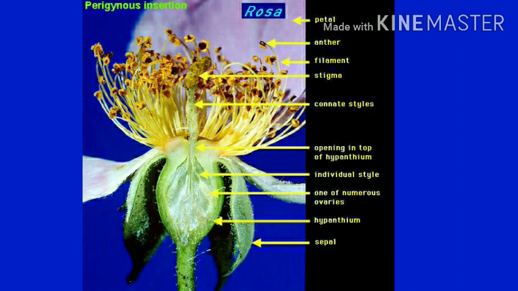So such flowers which have the same level of ovary along with the other whorls are called perigynous flowers. Plum, peach, rose, these are examples of perigynous flowers, and in this case the ovary is said to be half inferior. In the hypogynous we called it superior. Here we are calling it half inferior because it is neither superior nor inferior.